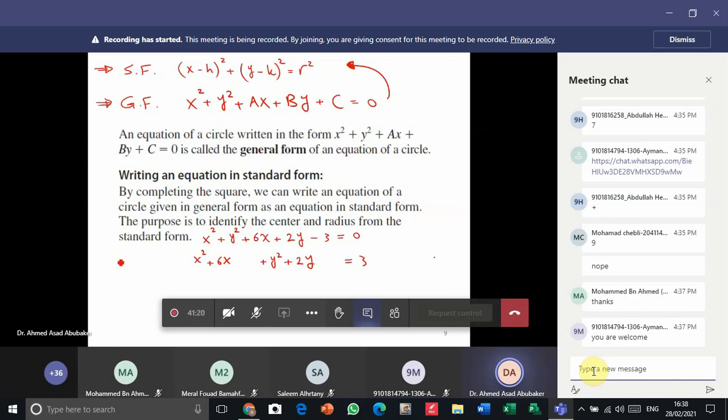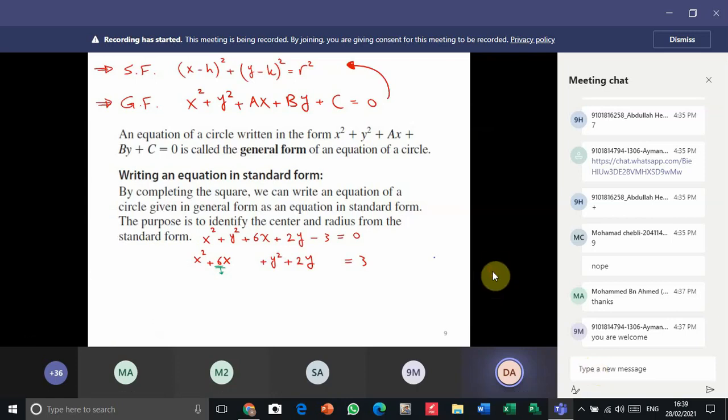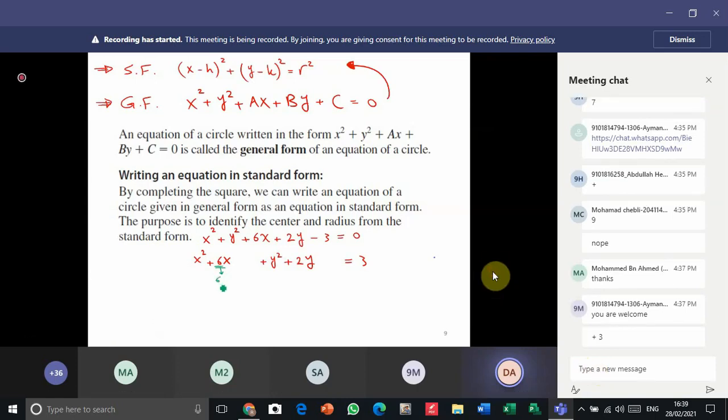Now we add a number to both sides. Look at this, the coefficient of x equals 6. So 6 over 2 all square.